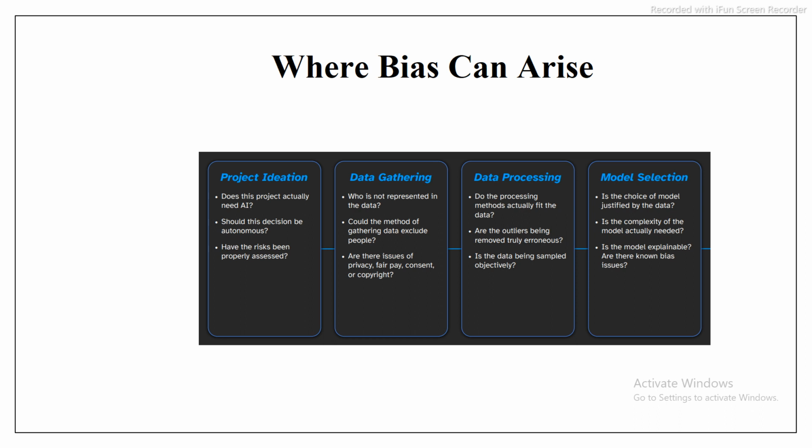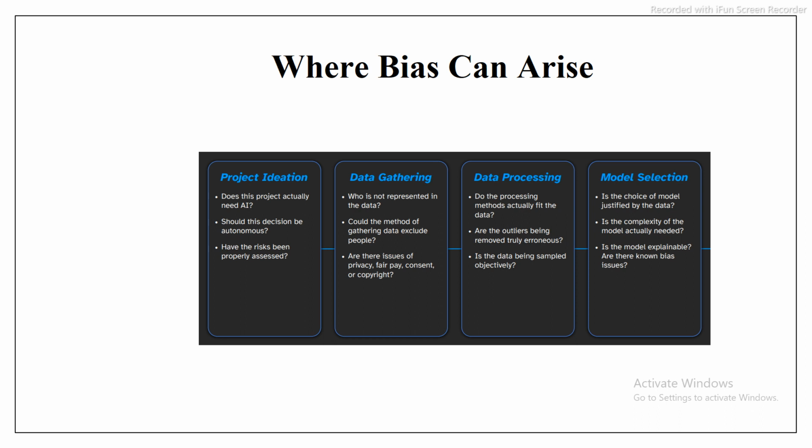Is the model explainable? Are there known bias issues? If your model is self-explanatory, for example regression techniques, you can explain the model through the weights typically captured in regression. Explainability is not an issue.